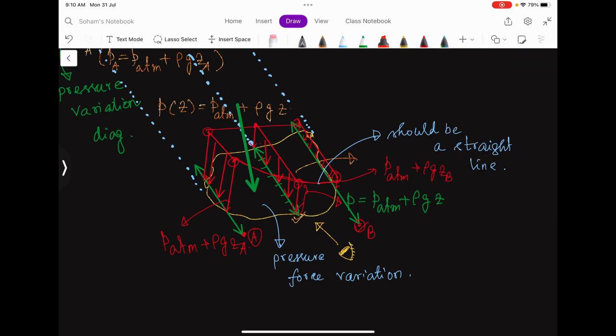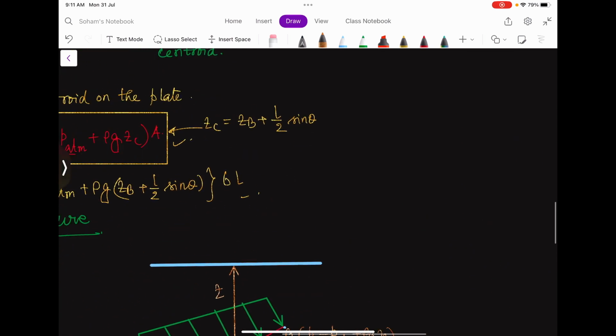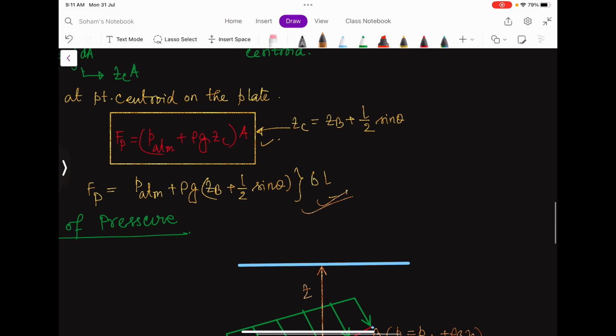So let me consider that the pressure force is acting the same way, and the magnitude of this force is Fp, and Fp is the total volume of the pressure distribution. That is nothing but the same formula as for the parallel plate.